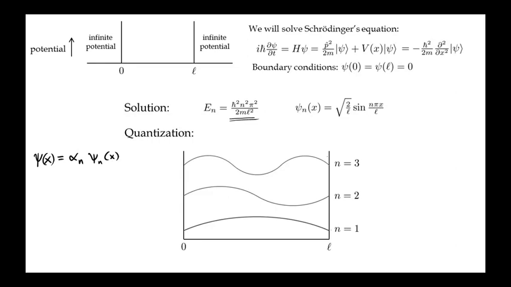And so if this was psi of x at time 0, then psi of x at time t would just be the sum of alpha sub n e to the minus i E sub n t over h bar psi sub n of x.